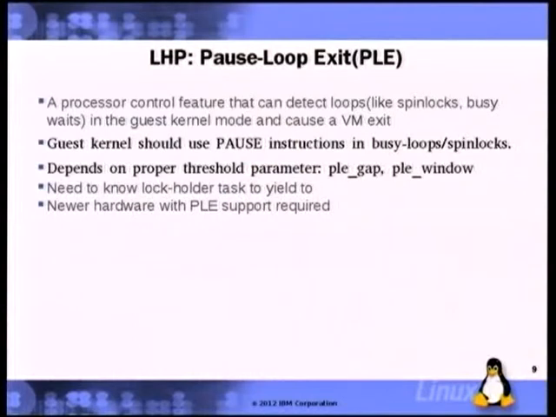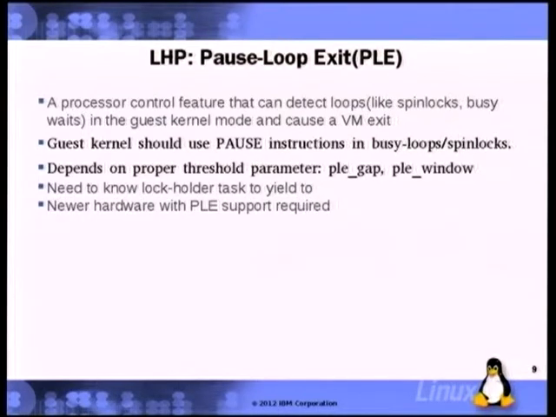So there are solutions to this problem. I will be talking about the different solutions that are present at the moment. One of them is pause loop exit. Pause loop exit is a processor control feature that can detect loops, basically something like spin locks and busy waits in the guest kernel, and it can cause a VM exit.